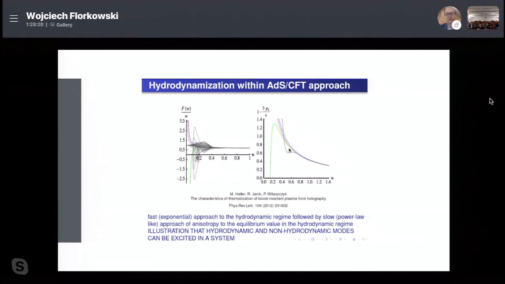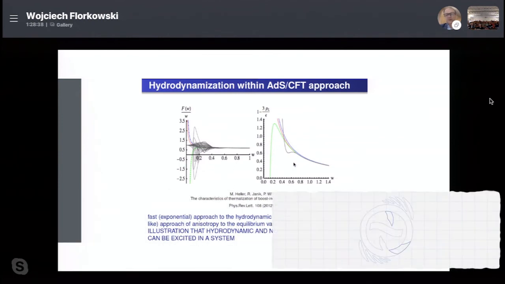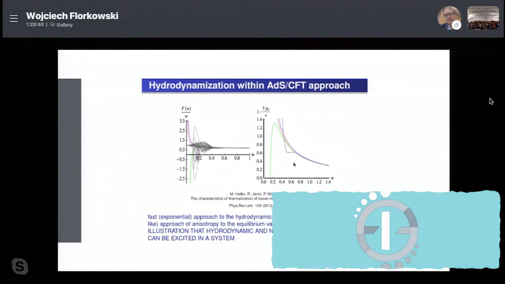But the question is, first of all, what happens? What is really the reason that even in this simple model, the system becomes well described by hydrodynamics? There were some explanations which use the concept of attractors present in such systems.